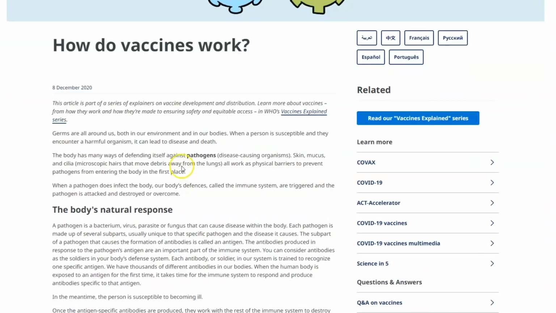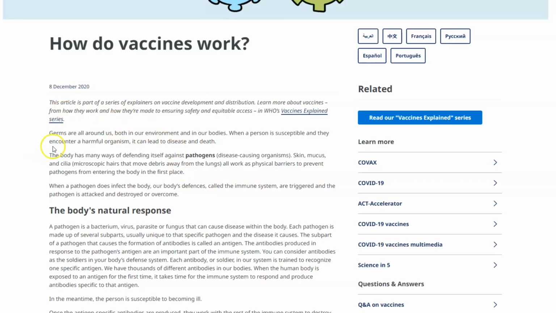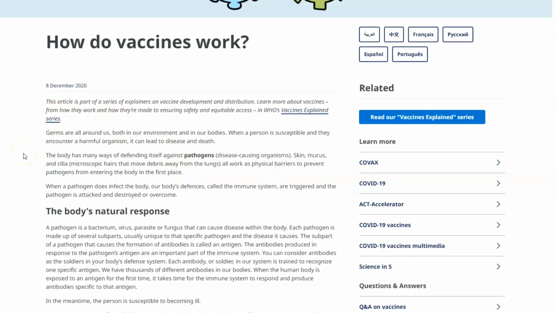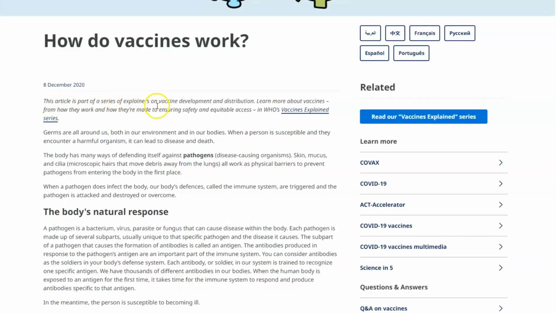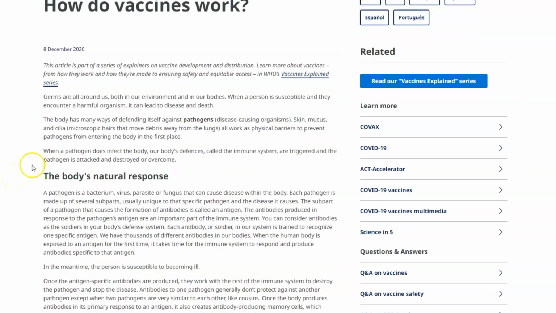So we start off with just kind of that introduction, good purpose statement, so we know it's about vaccine development. And then they have some kind of opening context, including some definitions. Here's a parenthetical definition of a pathogen. And so that's setting up some context, some background for vaccines.